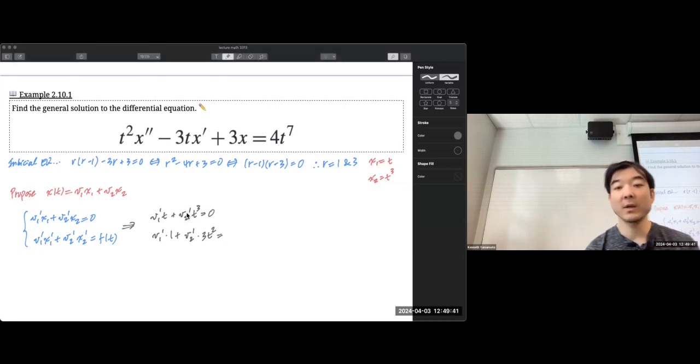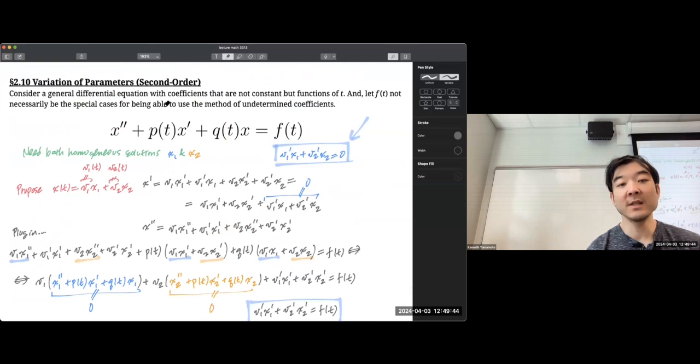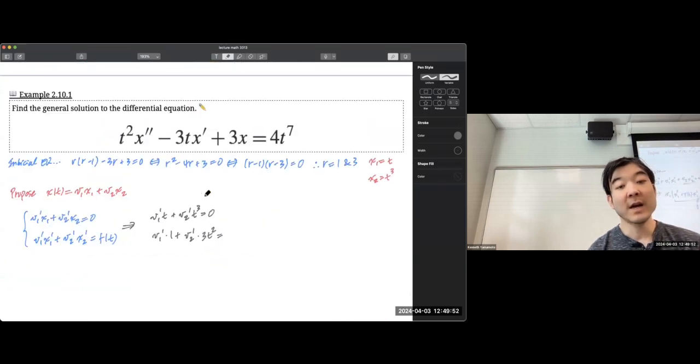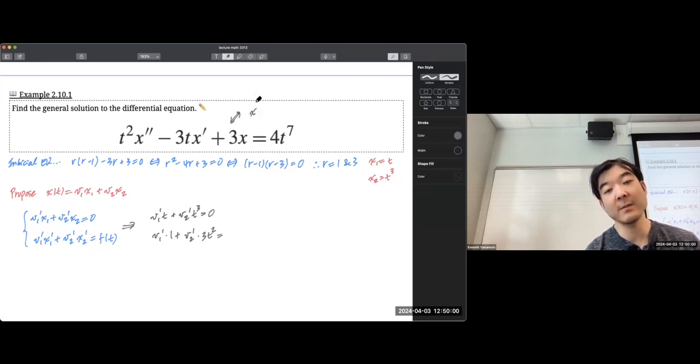This is where you have to be careful, because what we did up here, we derived all of this assuming that there's a 1 in front of the x double prime. So we're going to have to convert this equation to having 1 in front of the x double prime. If you divide everything by t squared, it's going to be x double prime minus 3t to the negative 1 x prime plus 3t to the negative 2 x is equal to 4t to the 5 minus 5t to the 3.